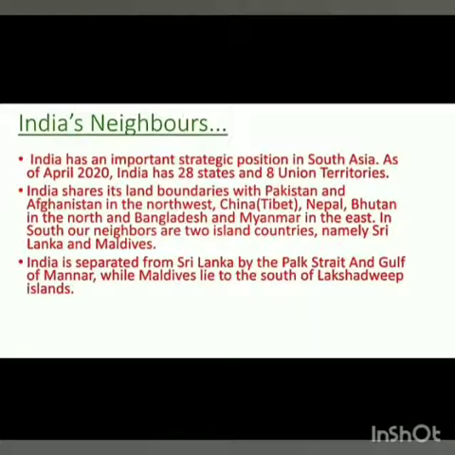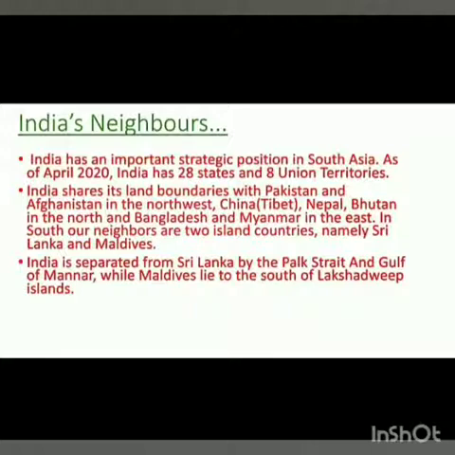So now we have come to the last topic of our chapter, and that is India's neighbors. India has an important strategic position in South Asia. As of April 2020, India has 28 states and 8 union territories. India shares its land boundaries with Pakistan and Afghanistan in the northwest, China, Nepal, Bhutan in the north, and Bangladesh and Myanmar in the east.